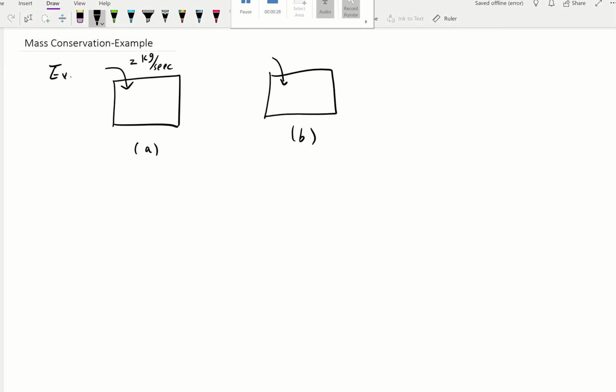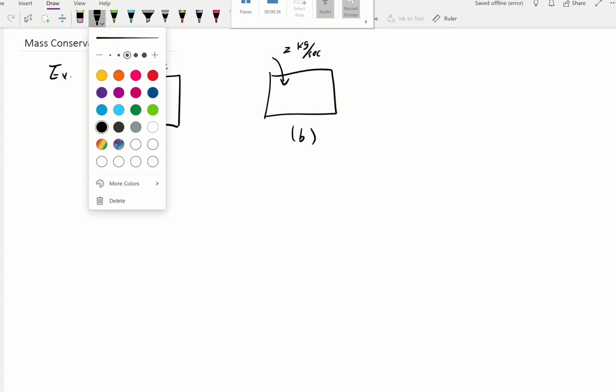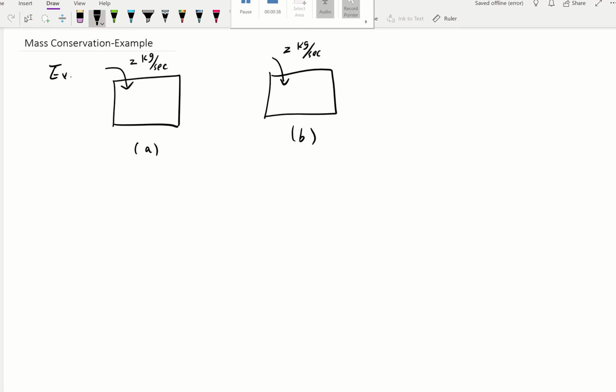B also has the same flow rate coming. However, for A, we will have no mass flow rate leaving, but B will have mass flow rate coming out. It's 1 kilogram per second.